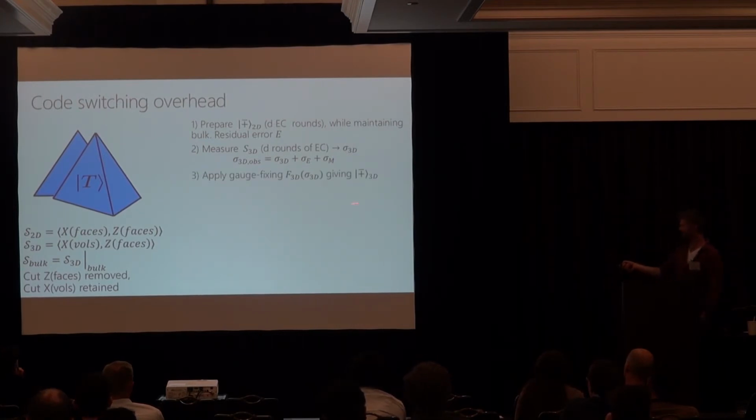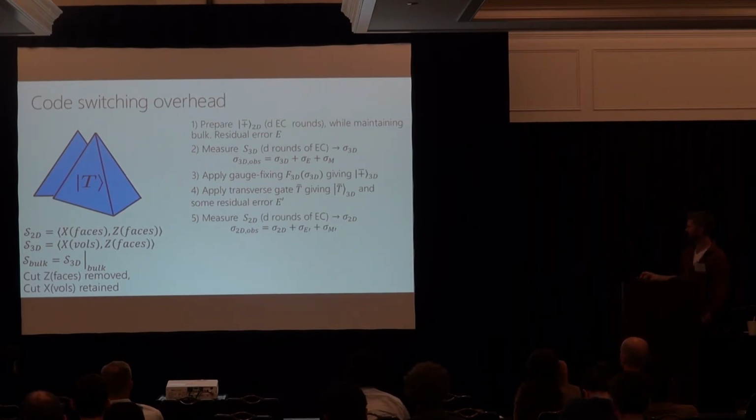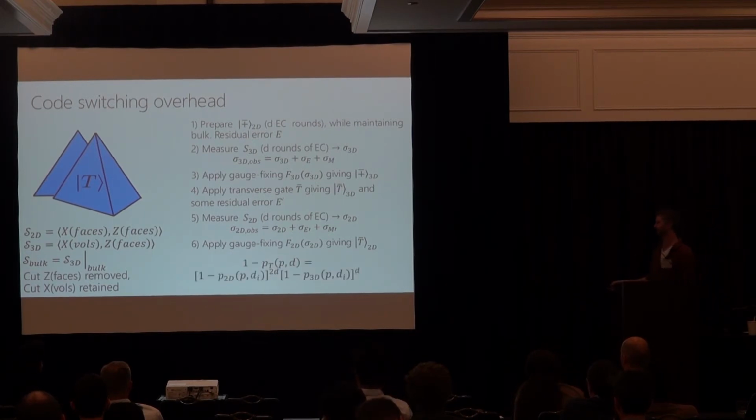So you have to be very careful to do that fault tolerantly. And then the actual calculation of what the gauge fix should be in terms of the outcomes is probably not too difficult a problem, but it should also be efficient to calculate. And then you apply the T-gate, that's one time step, so that's the easiest part. And then you have to go back again, and the problem is kind of the same.